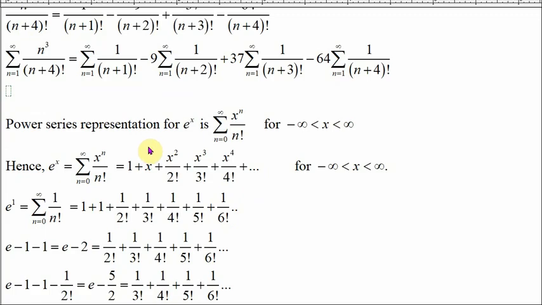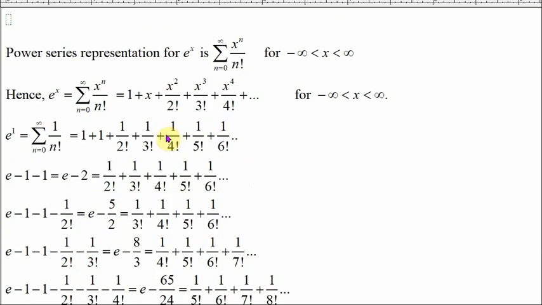Recall that the power series representation for e to the x is 1 plus x plus x squared over 2 factorial plus x to the third over 3 factorial, and so on. For e to the first, let x be 1.